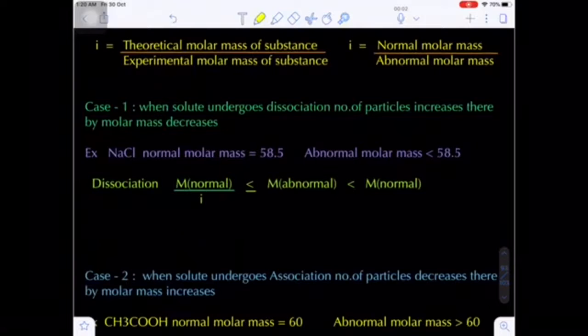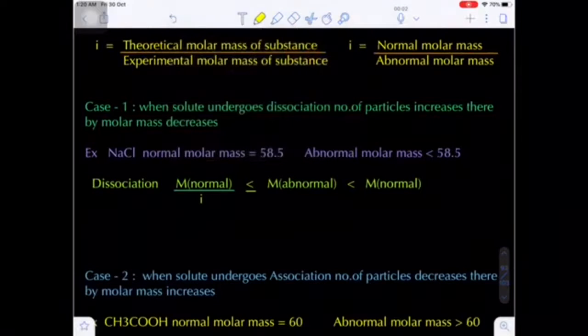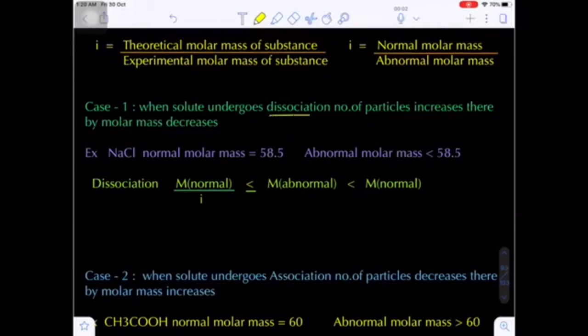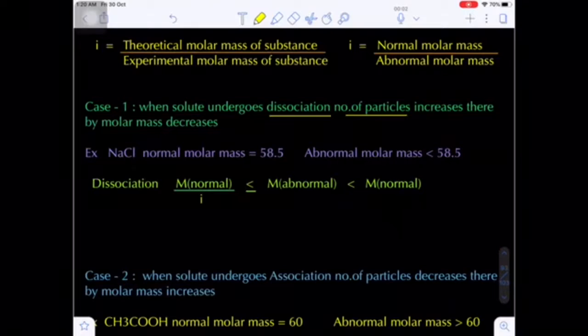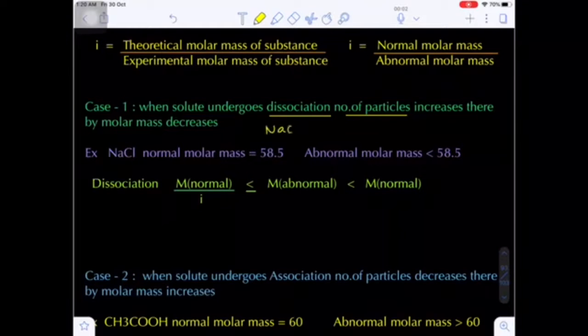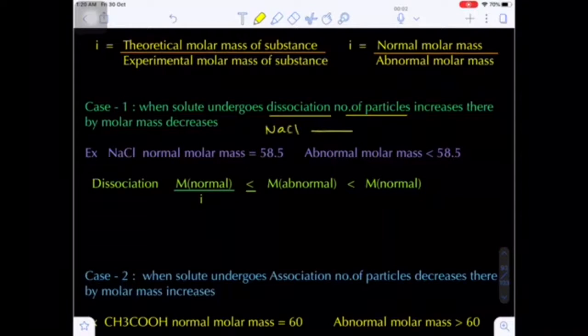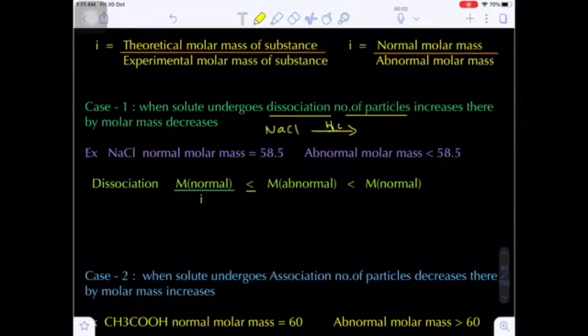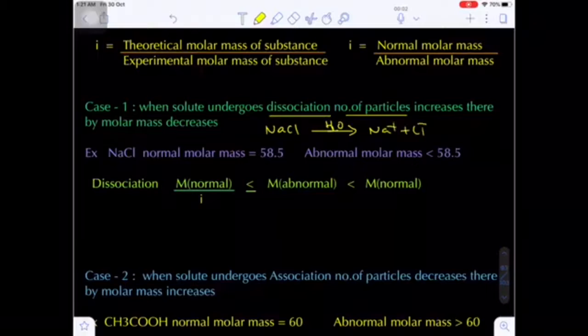Suppose you see case 1, when the solute undergoes dissociation or ionization, then what about the number of solute particles? It increases. Best example, NaCl. When sodium chloride is dissolved in water, how does it dissociate? As a sodium ion and a chloride ion. Here the number of solute particles is increasing.